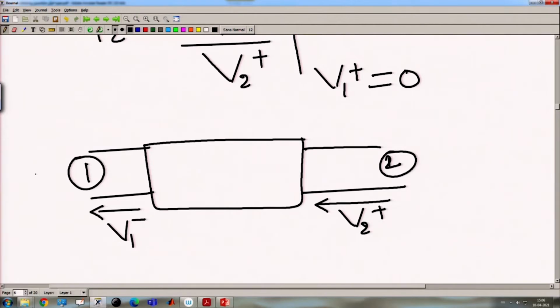S12 is like a transmission coefficient when the wave is entering from port 2 and leaving at port 1.